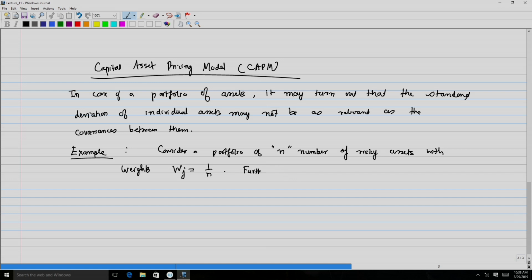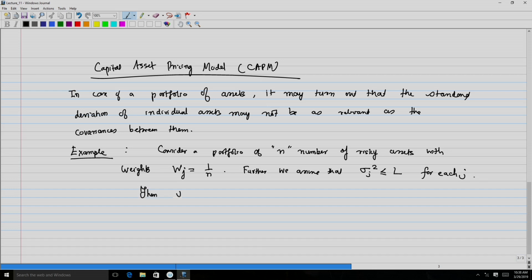Further, we assume that the individual variances for each asset, sigma_j squared, are bounded by some L for each j.